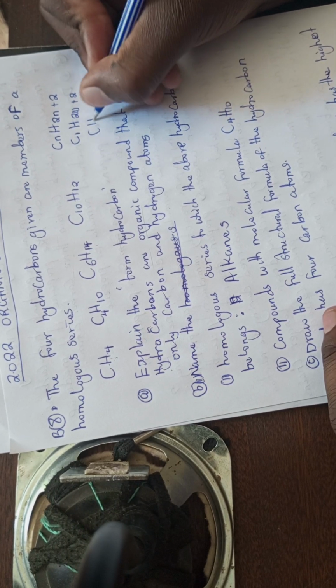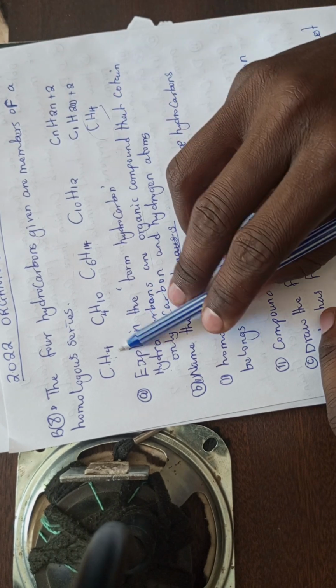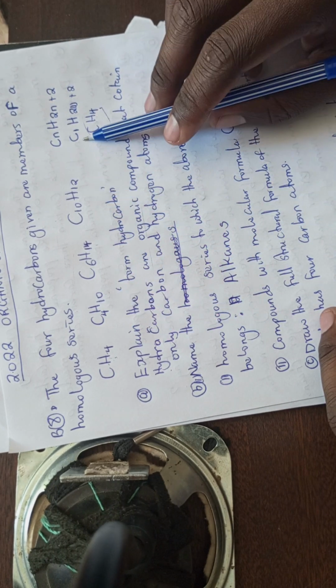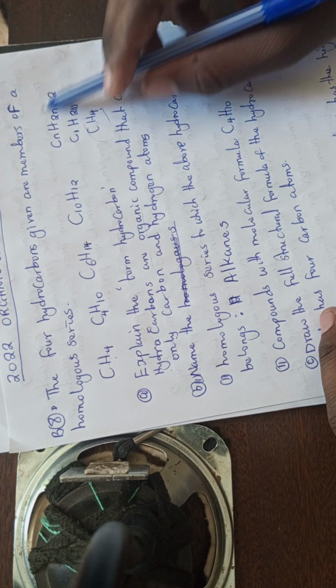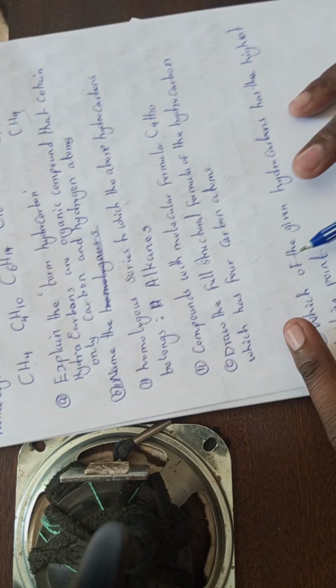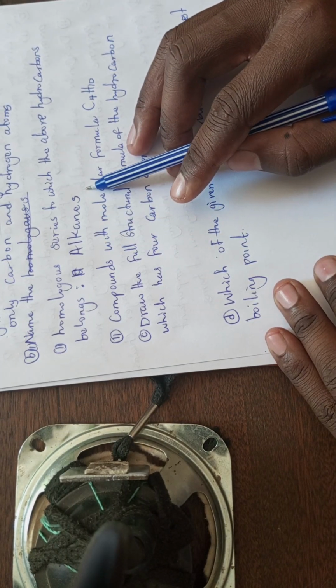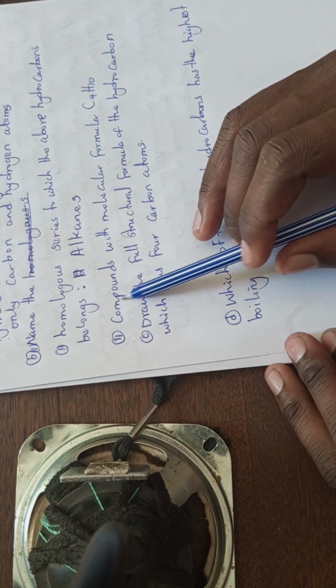If you multiply, you are going to get this as our answer. So these organic compounds are made from the general formula for the homologous series of alkanes. So the homologous series is alkanes. Now let's go to the next question.